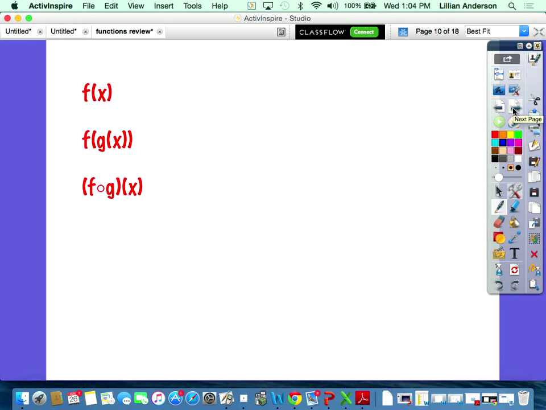I'll do some more function stuff. What does that mean? It means f of x is also it means function. Right? What is this? The second one. As f of g of x, which means what? You plug g into f, also known as a composite function.